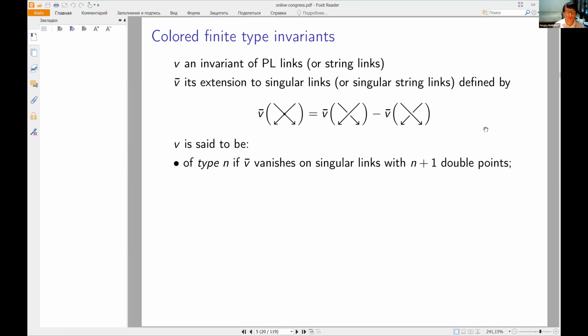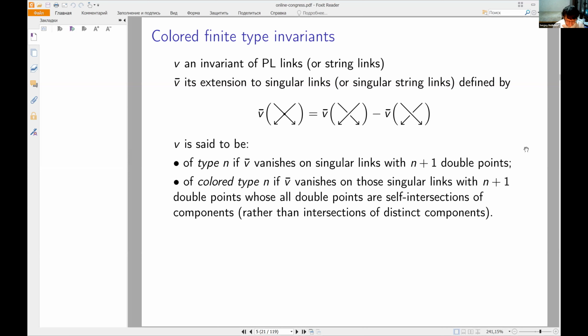Then V is said to be of type n if its extension vanishes on singular links with n+1 double points, or with at least n+1 double points, it's clear. And this is something everybody knows.